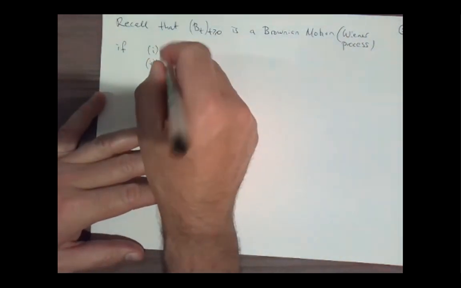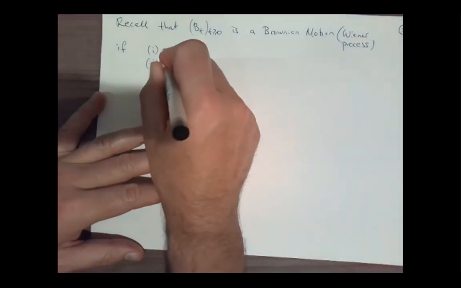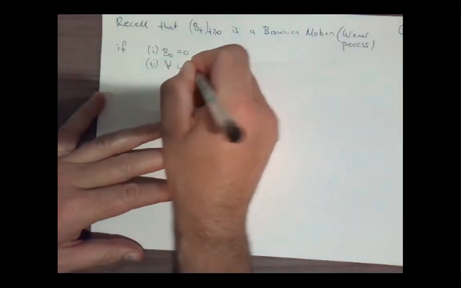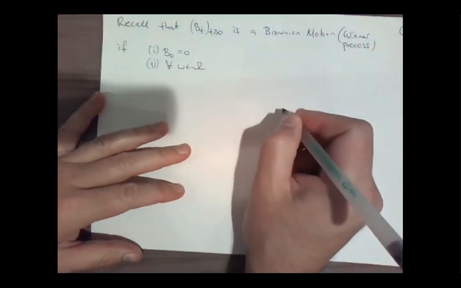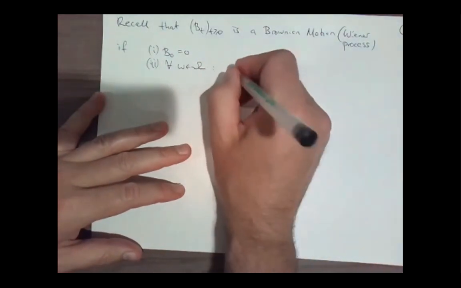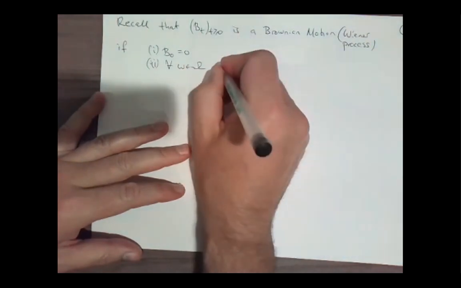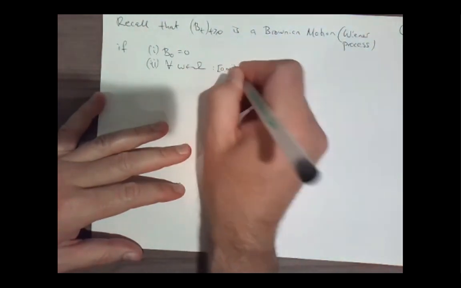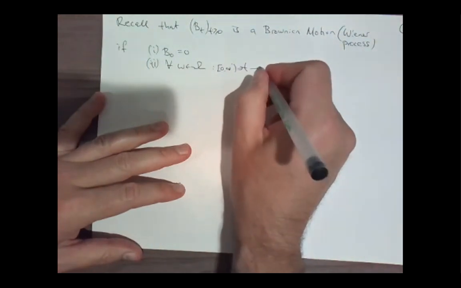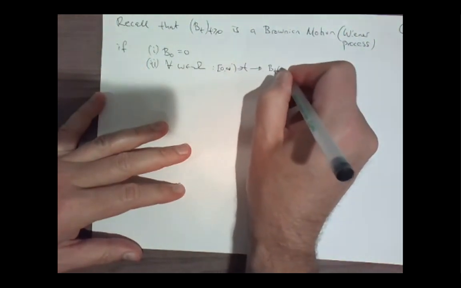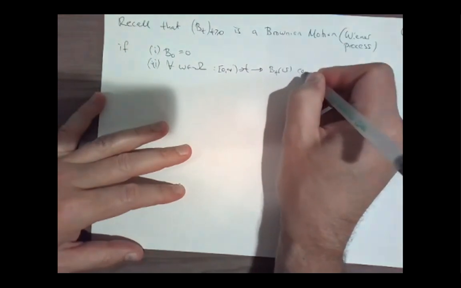The other assumption is that if I take a path, so for any omega in my sample space, it's true that the map from t, which goes from 0 to infinity, into Bt of omega is a continuous function.